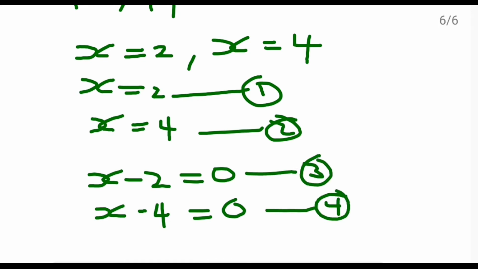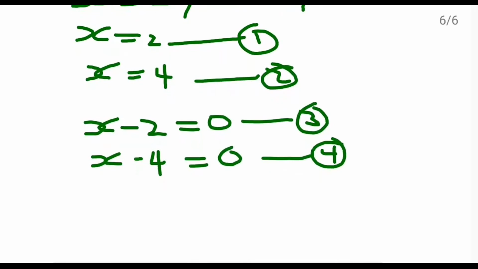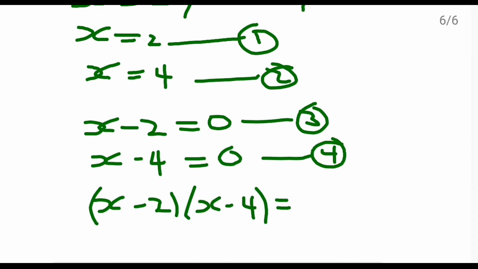The next step is to multiply equations 3 and 4. That will give us x minus 2 multiplying x minus 4 equals 0 times 0, which is the same as 0.